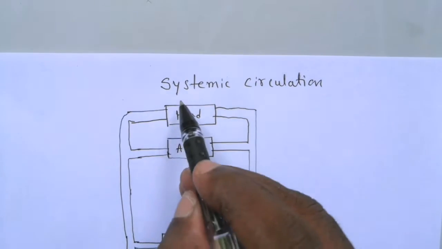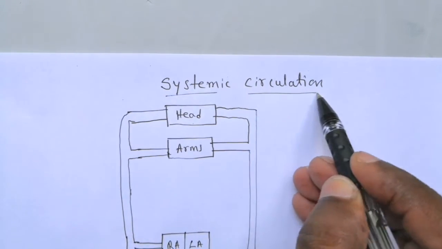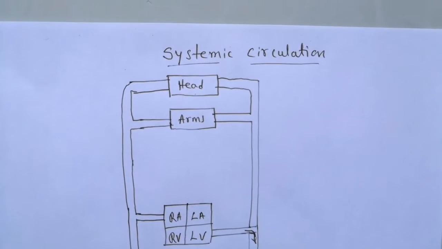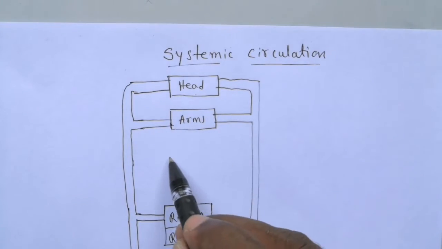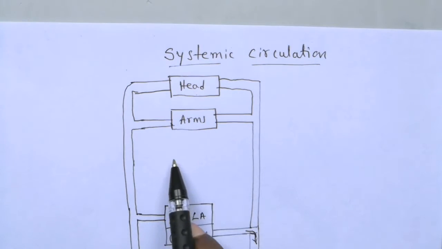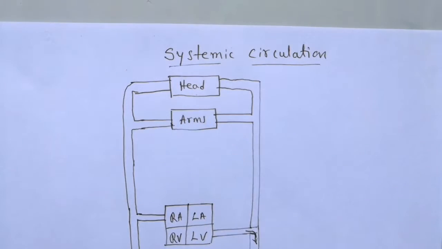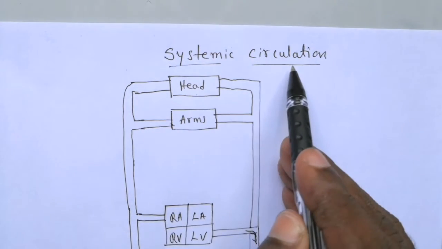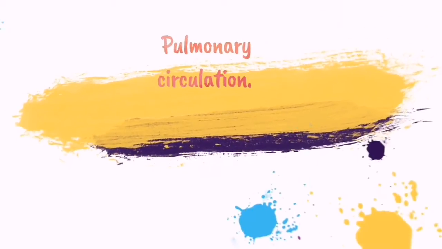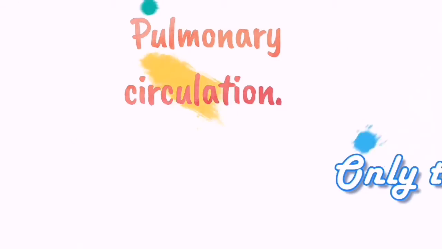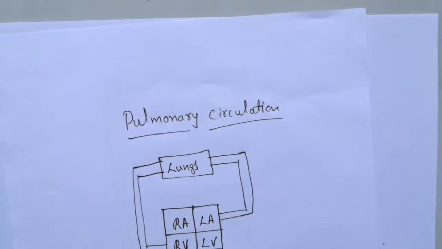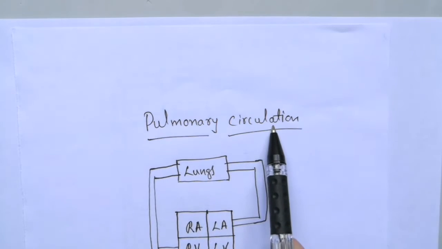Okay, systemic circulation. When we draw like this, we have to draw without lungs. When we draw without lungs, this circulation is called as systemic circulation.